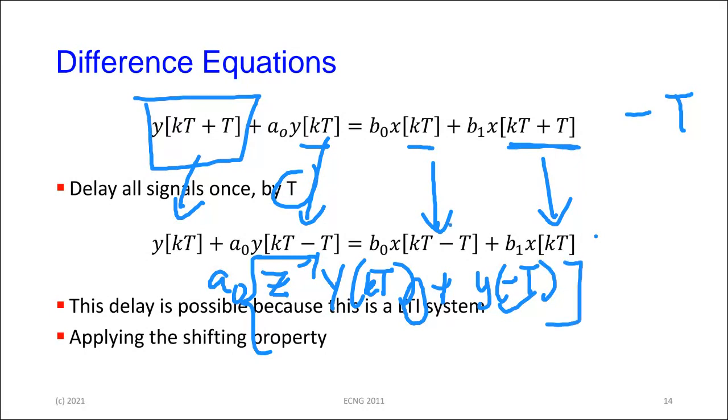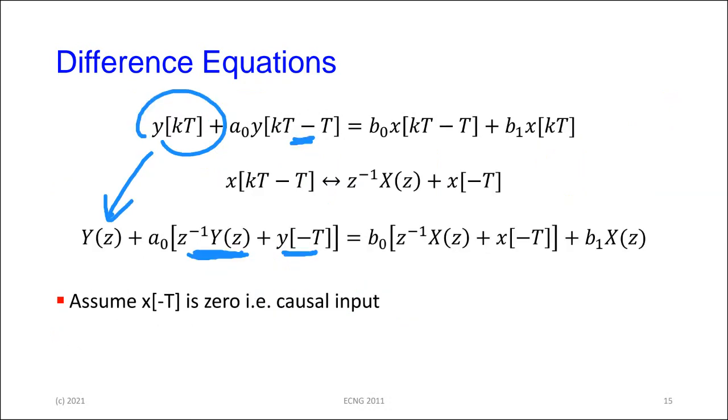Similar for this, and this is just going to give me Y(z). So this gives me Y(z), this gives me z^-1 Y(z), minus a y(kT).